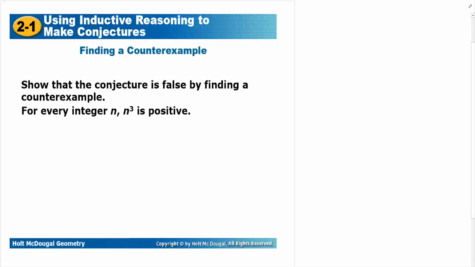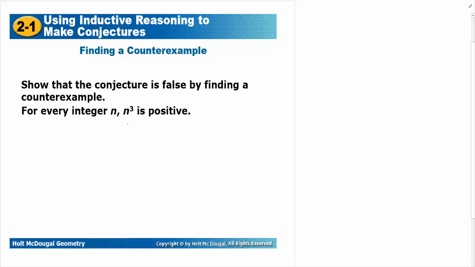Alright, so it's a lot easier to prove things false than it is to prove things to be true. So as you'll see here, we're just going to focus right now on finding counterexamples. So we're proving something to be false. Show the conjecture is false by finding a counterexample. So here we go. First up, for every integer n, n cubed is positive. So I need to come up with one example where that is not true.